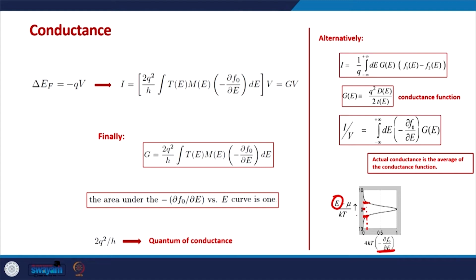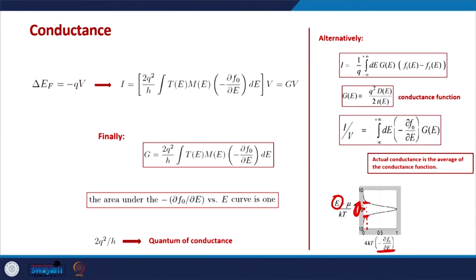Generally the width of this window is few kT, only few kT wide. This is 5 to 6 or maybe 7 kT, depends on the temperature as well. So only in this small energy range only conduction takes place, and conductance is contributed by the channels or the conduction pathways in this range. This is true for both ballistic case and diffusive case.